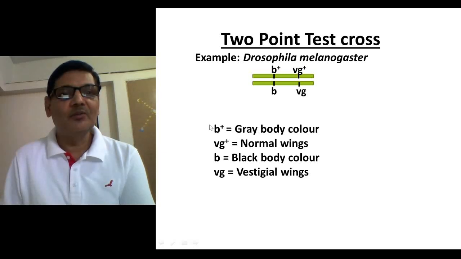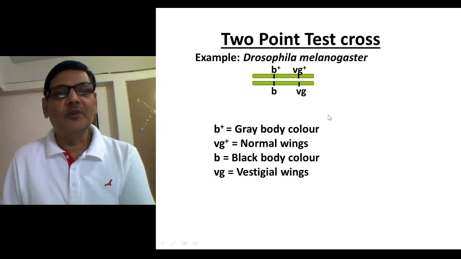So they will have normal body color as well as normal wing structure. You can take females of such type, that is normal types, and cross them with the mutant fly. The mutant fly will have black body color and vestigial wing.